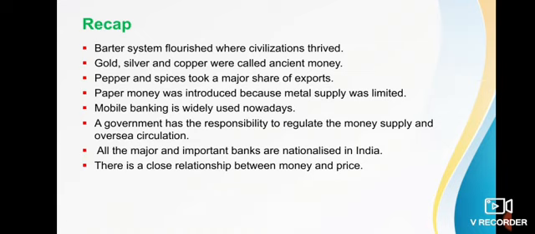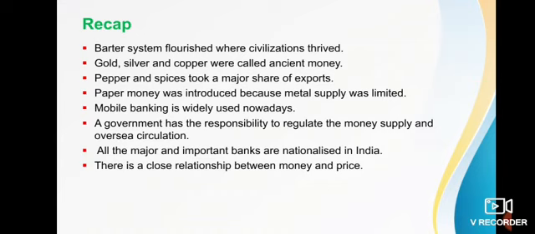Recap. Students, so far, the barter system flourished where civilization thrived. Gold, silver and copper were called ancient money. Pepper and spice took a major share of export in those days. Paper money was introduced because metal supply was limited.